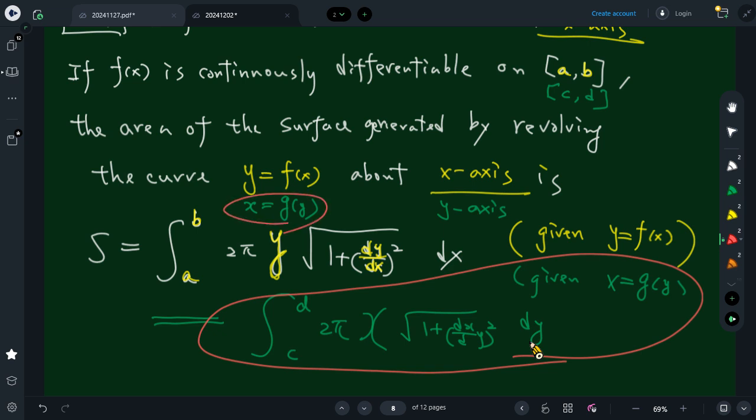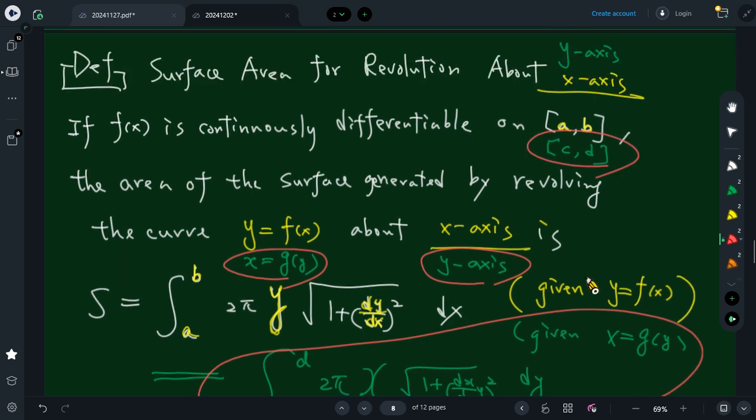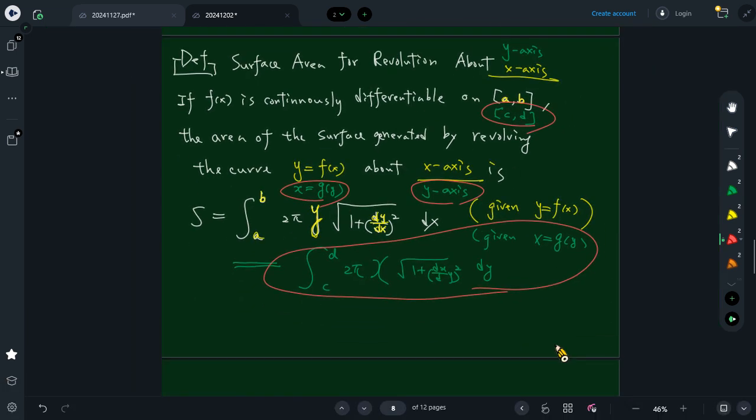The axis of revolution is the y-axis, and the interval will be c to d instead of a to b. The only difference, please keep in mind: if your axis of revolution is the x-axis, here will be y; if it is the y-axis, here will be x. Let me just emphasize x here.